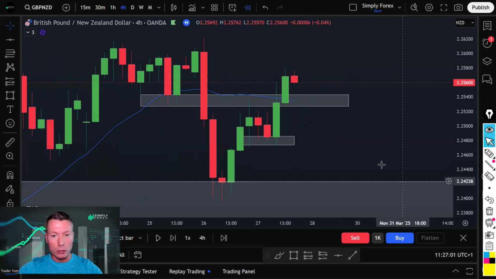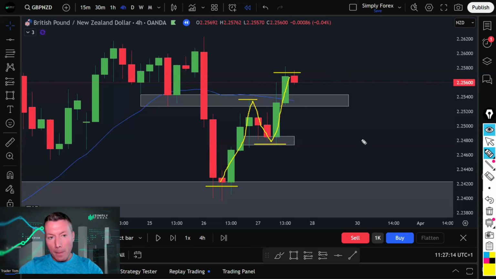And there we are, guys. I got stopped out. And now I'm not interested in sells at all. We're in an uptrend. We're getting higher lows, higher highs. Okay. So there's two examples, one winning example, one losing example. But the important thing here is you can see how I approach the markets the same way every day.